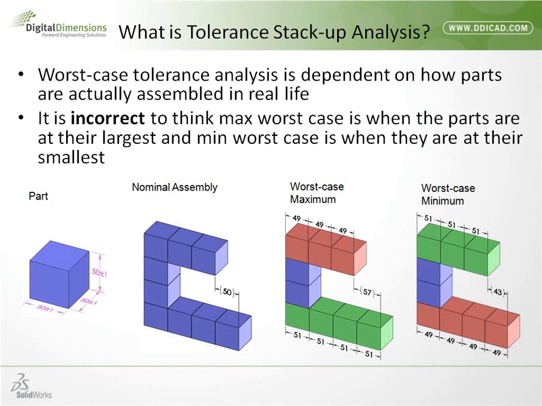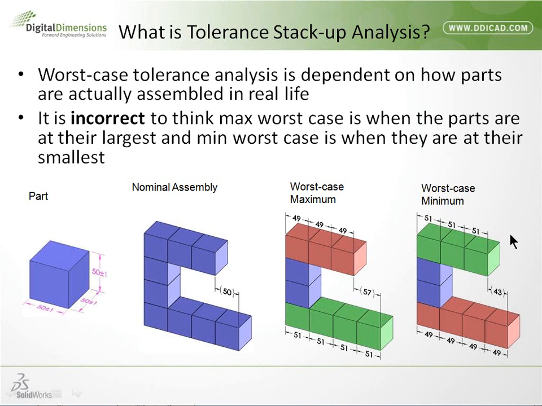So the actual worst case maximum or worst case minimum is when some are at their minimum and others are at their maximum. So here it's incorrect to assume max worst case is when all the parts are at their largest or they're all at their smallest.